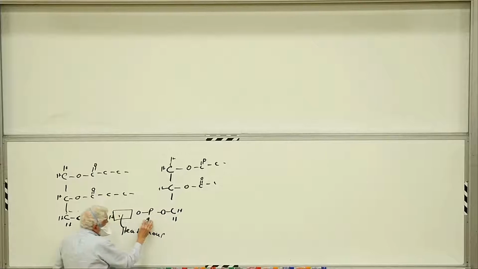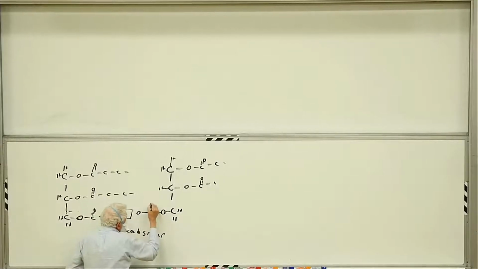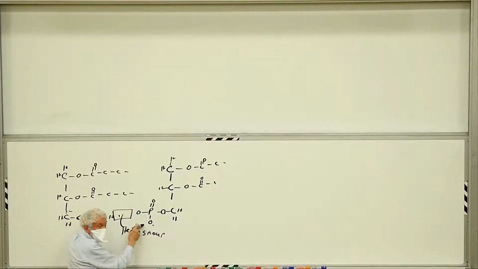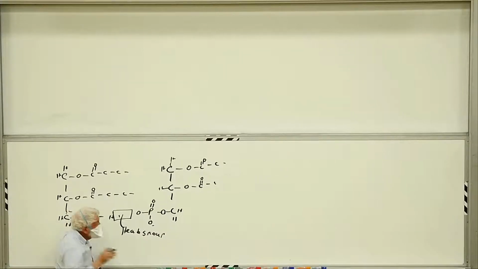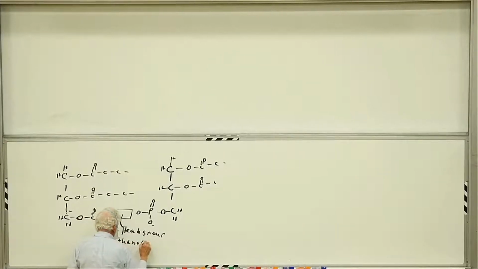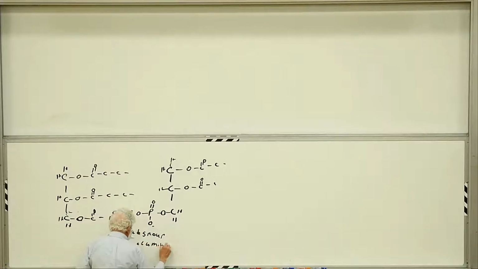Now, when we look at this phosphorus, we see that there is a double bonded oxygen here and an oxygen with a negative charge. So we're already putting a fair amount of charge out here in this phosphate. And what's more, when we put the head group on, for phospholipids, there are only 3 of these we're likely to use. One of them is ethanolamine. Another is choline. And the third is serine.